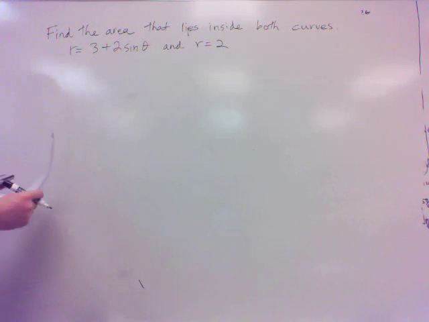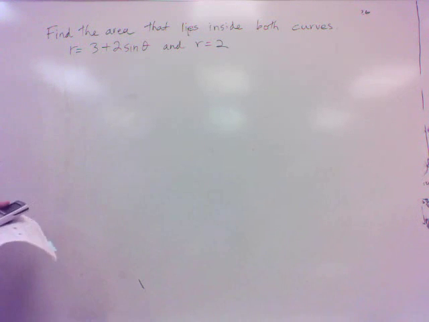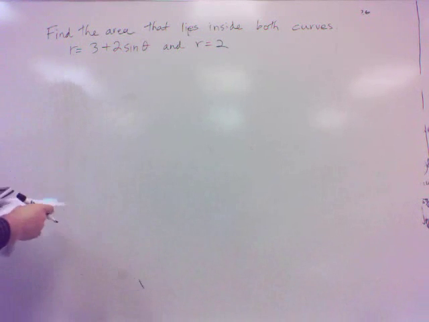All right. Well, looking at it here, 3 plus 2 sine theta. The R equals 2 is the easy one. What's the R equals 2? It's a circle, isn't it? The radius is 2, so it's a circle, radius 2.